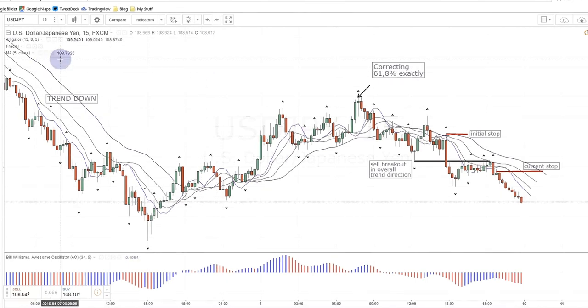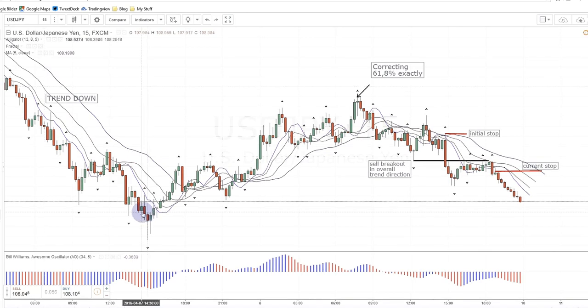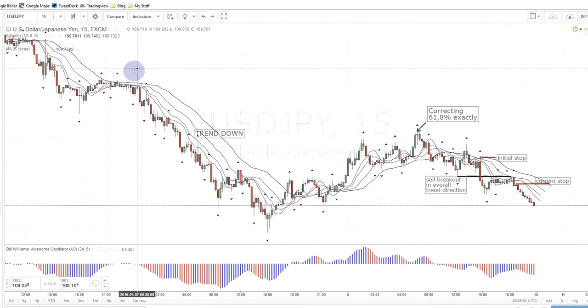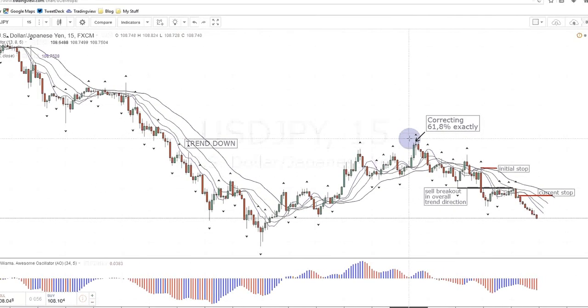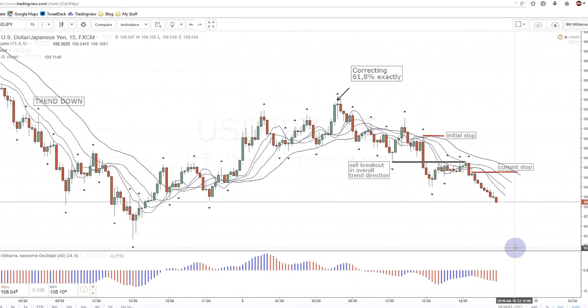Now for the background to this trade, as I came to the office on Friday afternoon, I saw the previous day's action in the US dollar yen 15-minute chart. A trend down, and then overnight and throughout the morning on Friday it corrected, and if you apply a Fibonacci from this area all the way down here, you will get a 61.8% correction, and then you have reason to sell this down here.